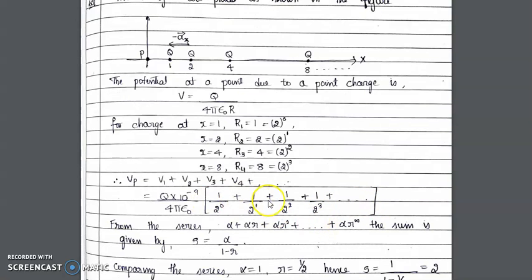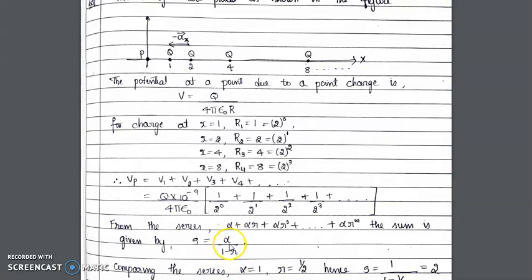Now if you observe, this is an infinite summation series. A series alpha plus alpha r plus alpha r square, up to alpha r to the power infinity, has the sum S is equal to alpha divided by 1 minus r.